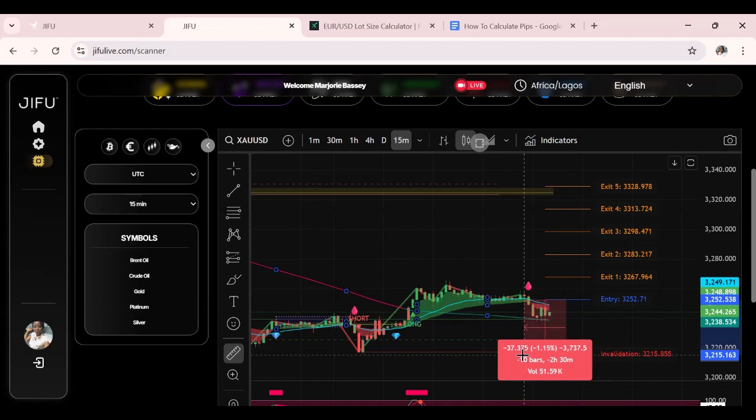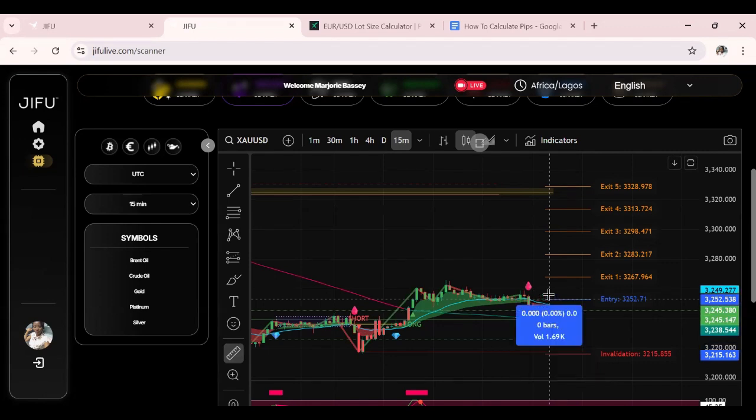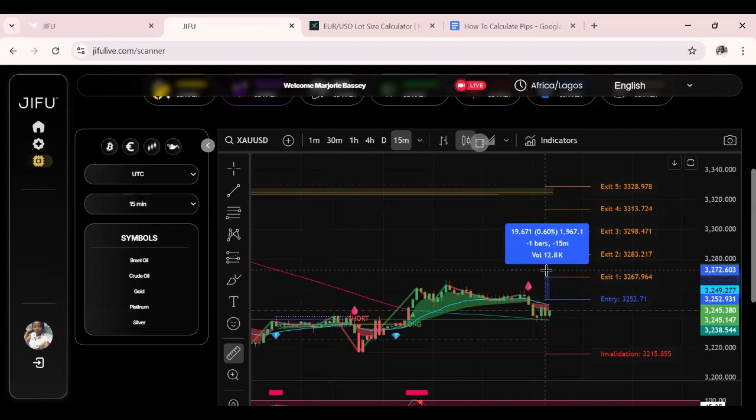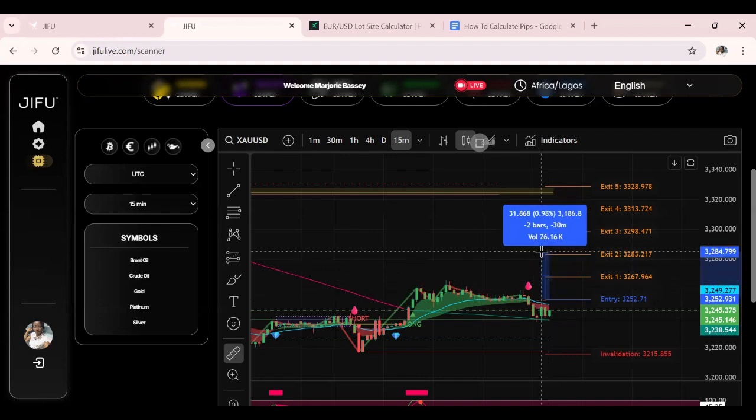You're the one that will decide, am I going to take this 380 pips of movement? And you say, no, I'm not entering the trade. Or you can enter and say, okay, no problem. If I want to take my exit, where am I going to take my exit? So you now look for at least one-to-one risk to reward, and your one-to-one risk to reward lies between exit 2 and exit 3.